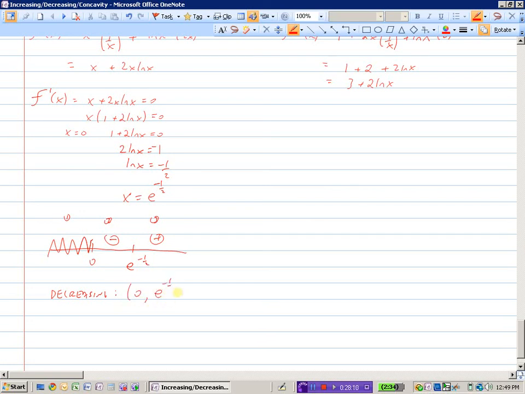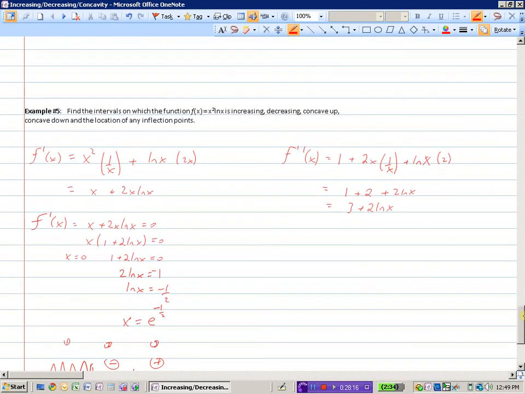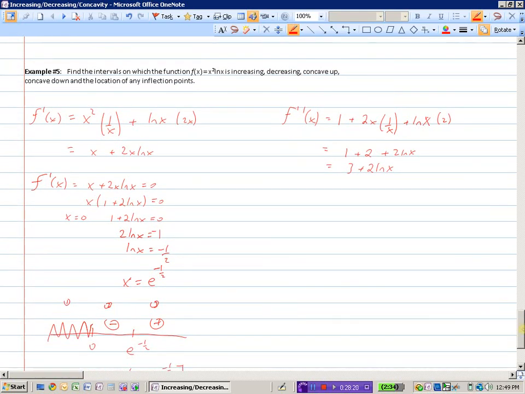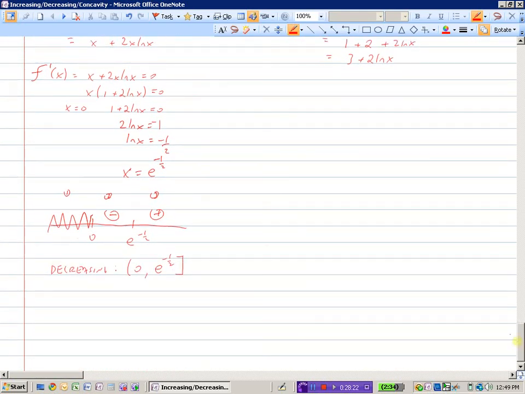And I used a round bracket here because the function is not defined at 0. If you look back at the original function, ln x, x has to be greater than 0 for it to be defined in the first place. So decreasing on that interval, increasing on the interval from e to the -1/2 to positive infinity.